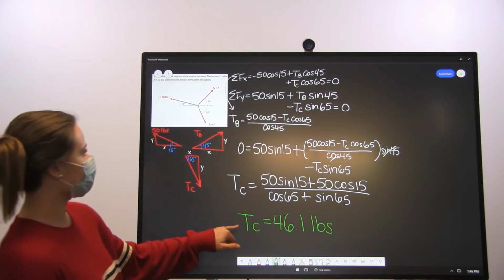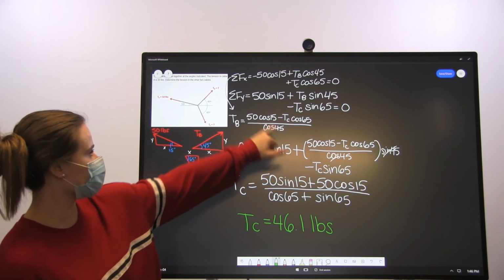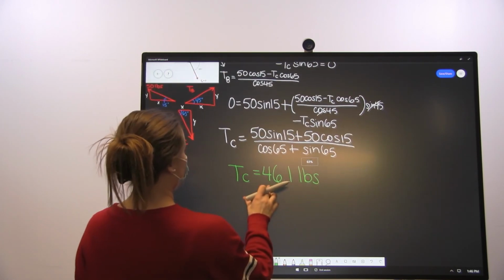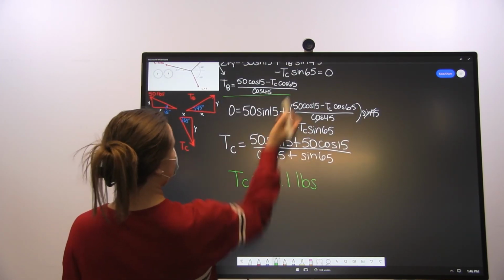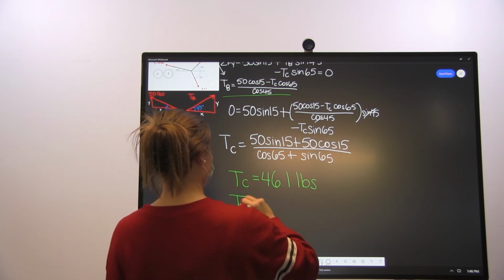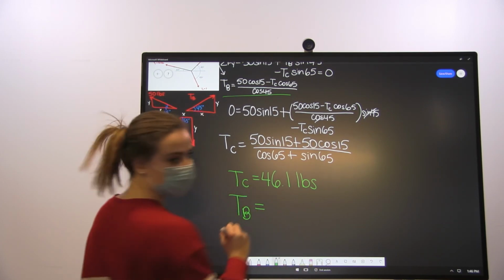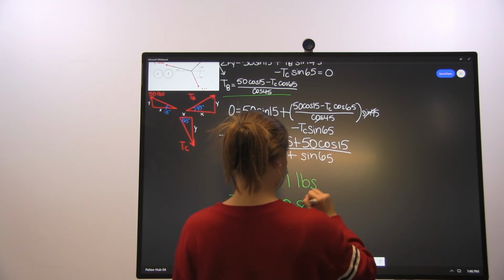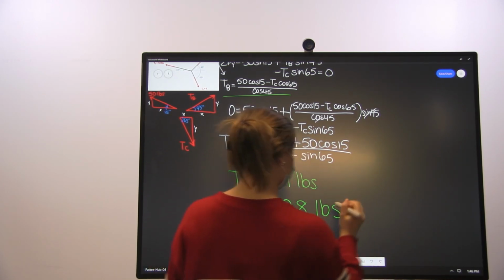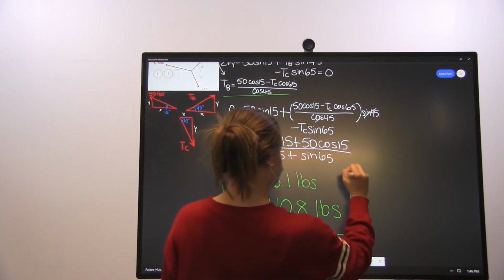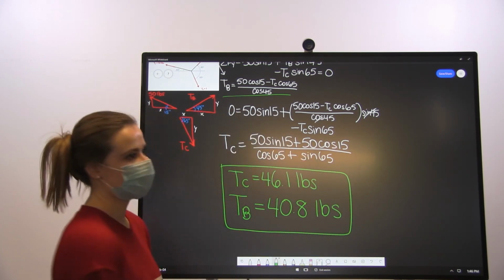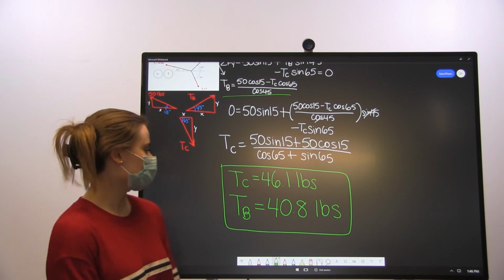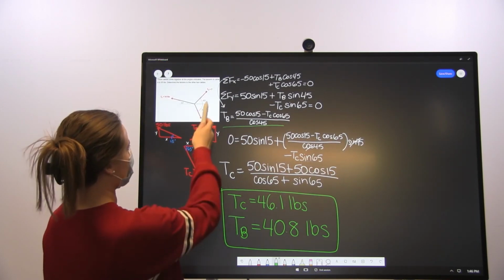And then when we plug our tension C back into this equation, we can solve for tension B. So we're plugging this back into this, and we get tension B is equal to 40.8 pounds. And that is our final answer, and that's what we solve for the tension forces for C and B in this cable.